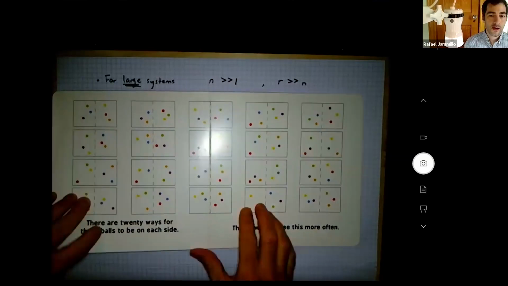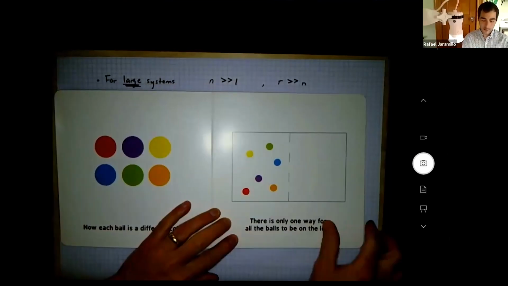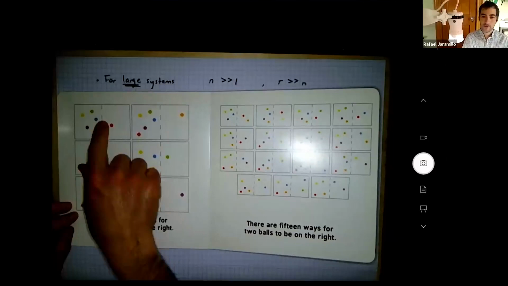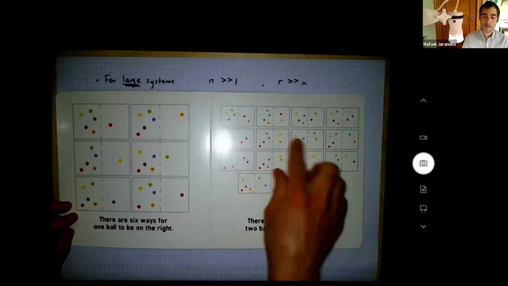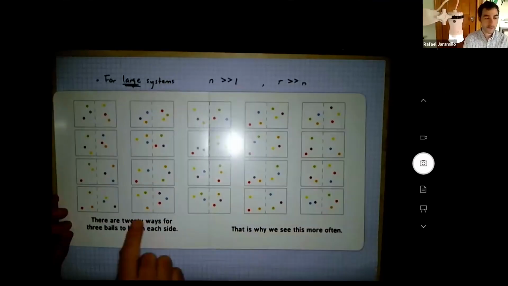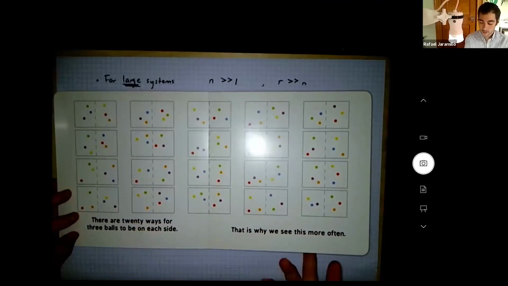So this is a macrostate with 1 microstate. This is a macrostate with 6 microstates. This is a macrostate with 15 microstates. And this is a macrostate with 20 microstates. And that was the reason it was the most often seen. You could say it's the most likely.